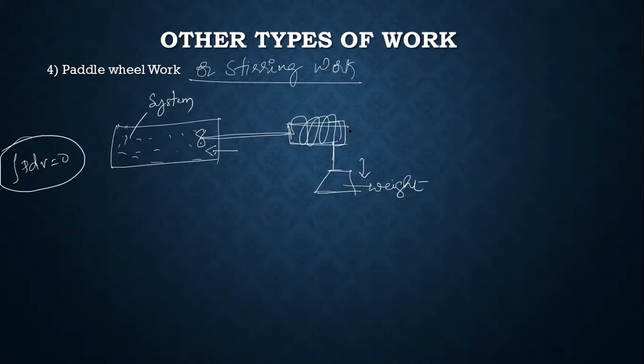If m is the mass of the weight lowered through a distance of dz, and T is the torque transmitted, that is rotational force, and d theta is the angular displacement, then one can write the stirring work as integral 1 to 2 T d theta.